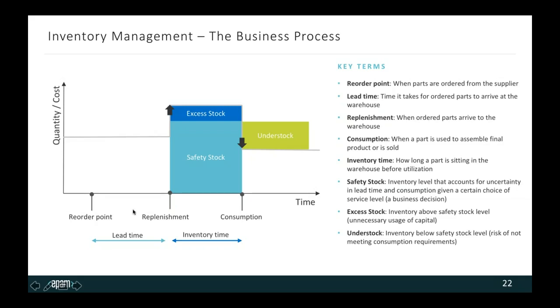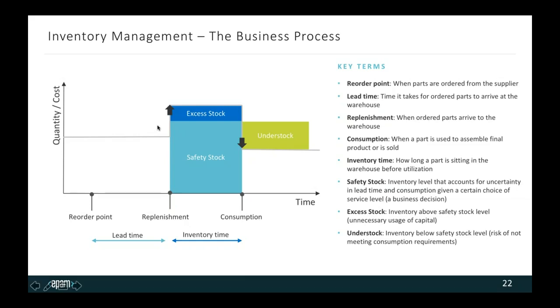Lead time shows how long it takes for your supplier to deliver that engine to your warehouse. The point of replenishment is when a truck arrives and offloads an engine to your warehouse. Inventory time is how long it sits on the shelf until you utilize it, and consumption is where you actually, if you're a manufacturing company, build your engine into the car, or if you're a retail company, you might sell the merchandise.